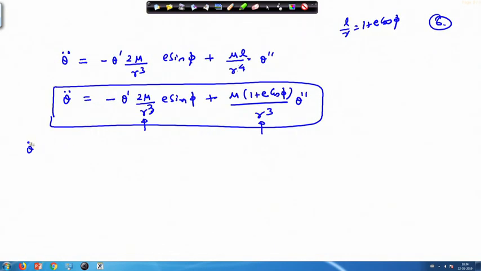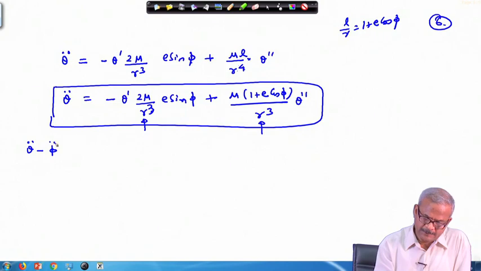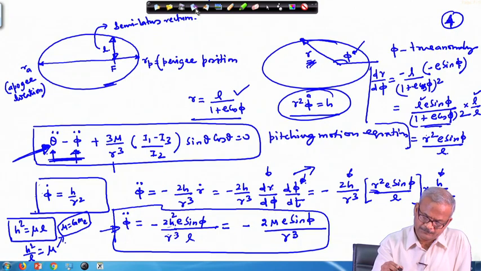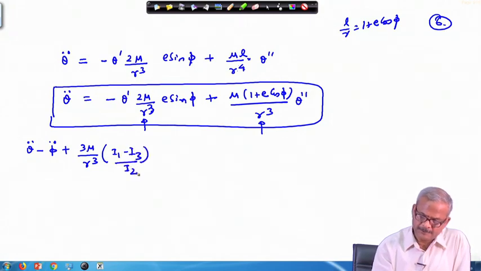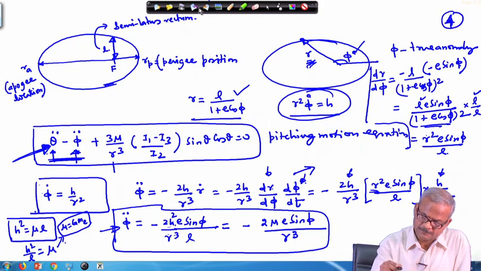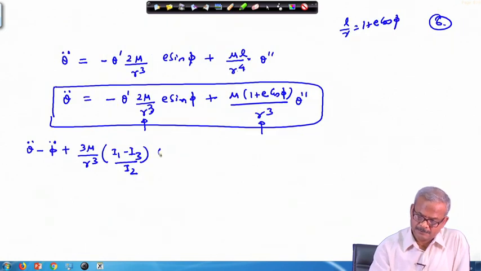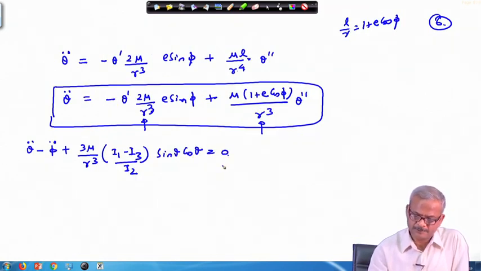So, theta double dot minus phi double dot plus 3 mu by r cube times I 1 minus I 3 divided by I 2, sin theta times cos theta, this equal to 0.